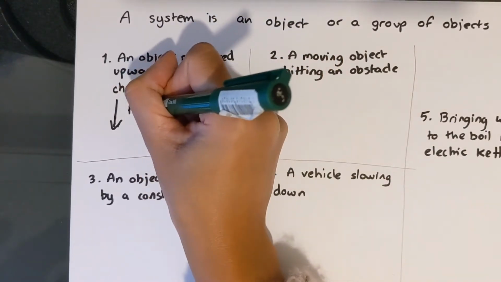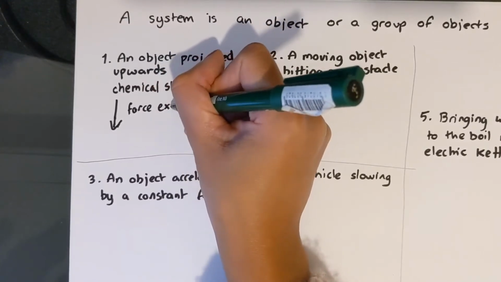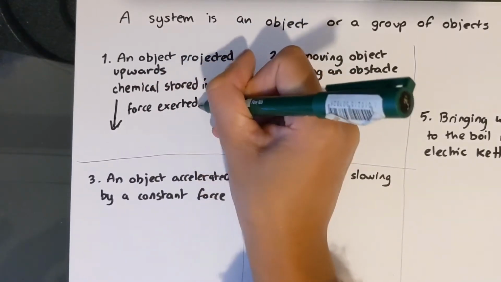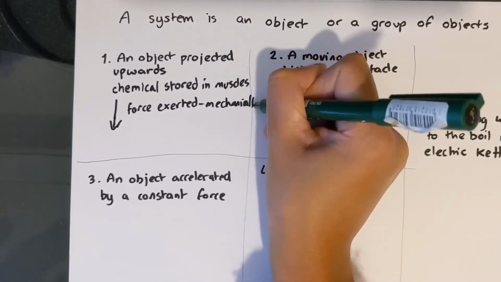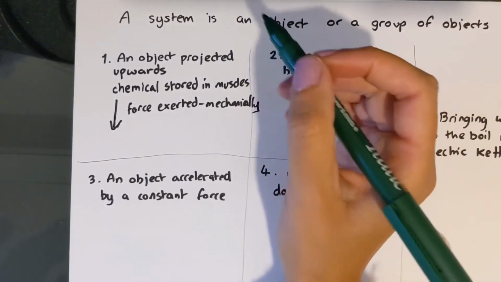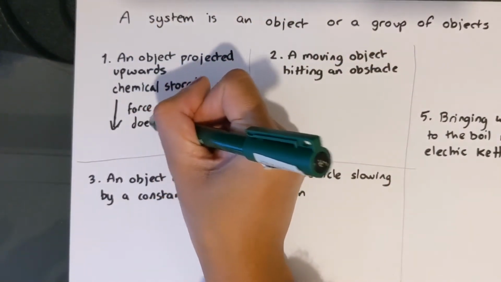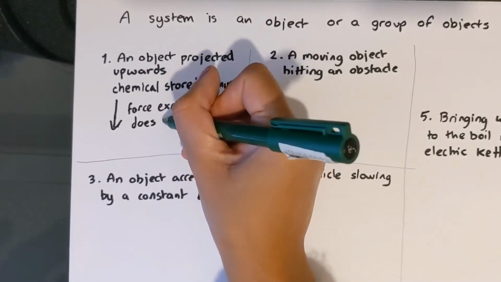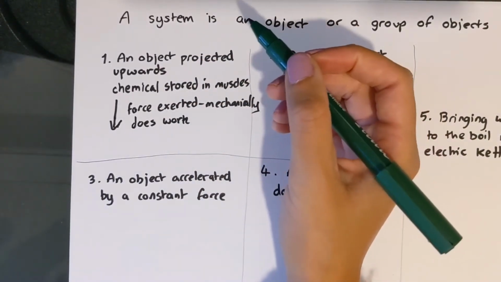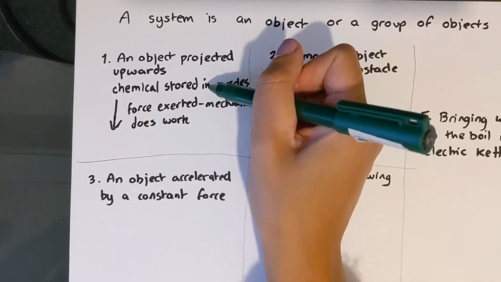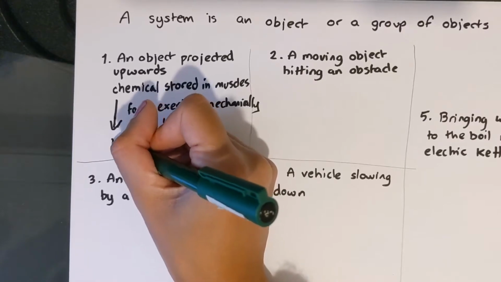So the force exerted mechanically, that's the transfer, yeah, because it's a force. It's mechanical. Okay, the force is exerted mechanically and it does work. So anytime there's an energy transfer, work is done. So it does work, converting the chemical energy store in the muscles to a kinetic energy store in the ball.